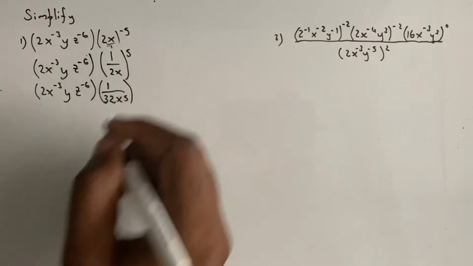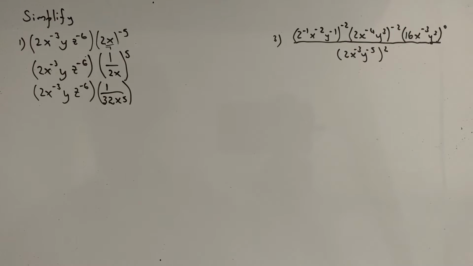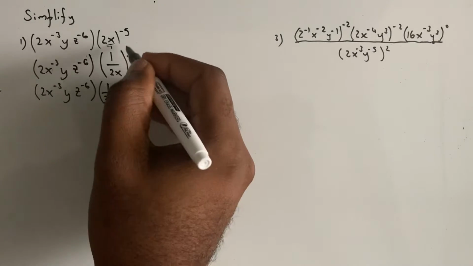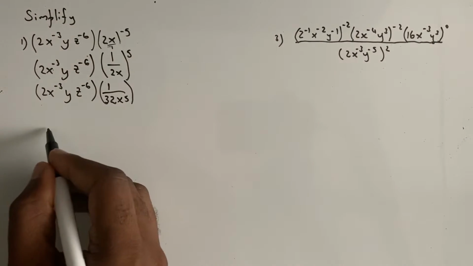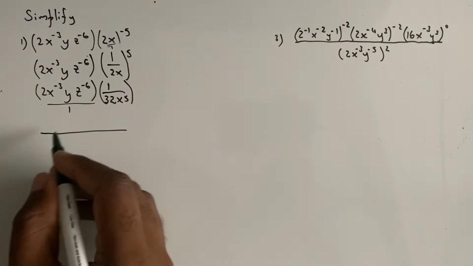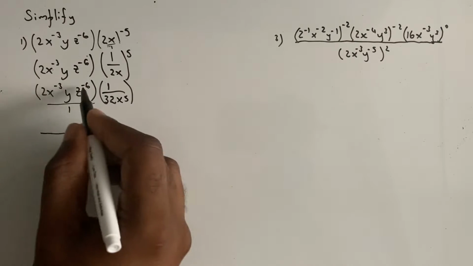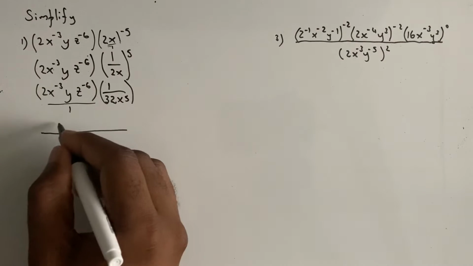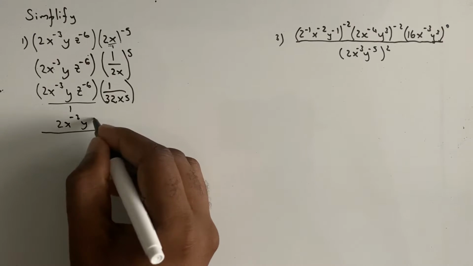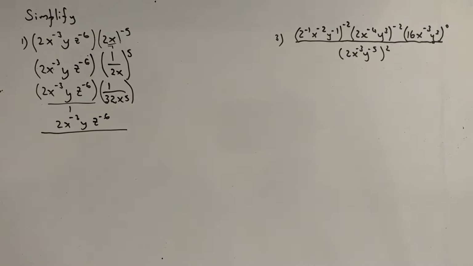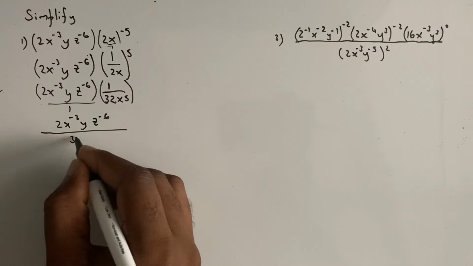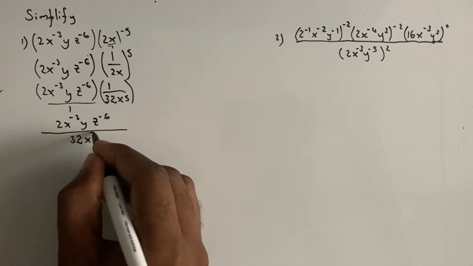Once you do this, we can actually multiply now, because the exponent's not here anymore. If we multiply this, it's as if we have this over 1. So 1 on top times the top here, numerators together, will give you 2x to the negative 3 y z to the negative 6, over 1 times this part here, which is just 32x to the 5th.